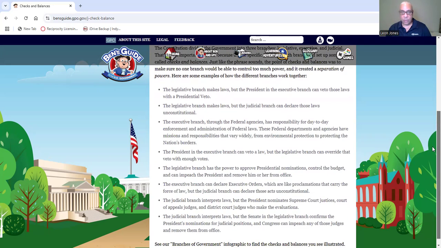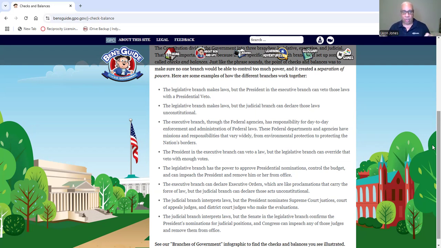Now, the legislative branch makes laws, but the president in the executive branch can veto those laws with a presidential veto. The legislative branch makes laws, but the judicial branch can declare those laws unconstitutional.